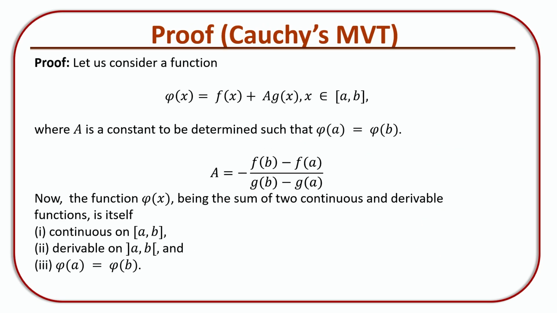So, let us construct a function phi(x) such that phi(x) equals f(x) plus a into g(x). In the previous Lagrange theorem, we used a into x only, but here we are going to use a into g(x). Now look closely at this phi(x). f is a continuous and differentiable function, g is a continuous and differentiable function, and a is a constant.